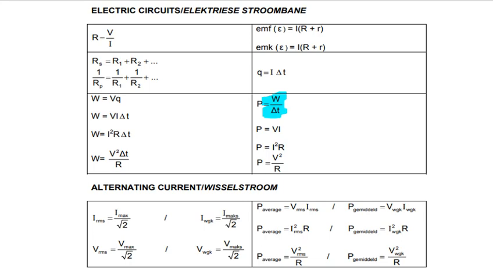See? So this is the easiest one that we can use because we already know the p average. I already calculated the p average. So I'll say p average is equal to W over change in time. So I can make W the subject of the formula: change in time times p average.